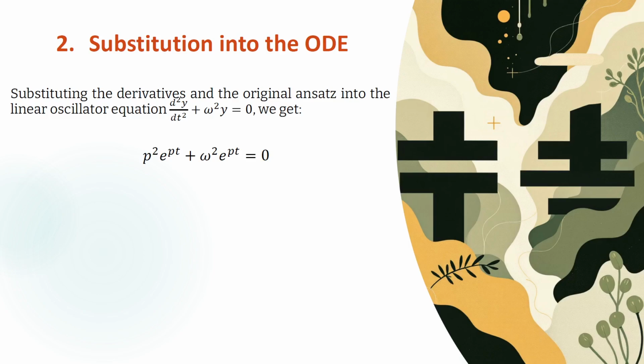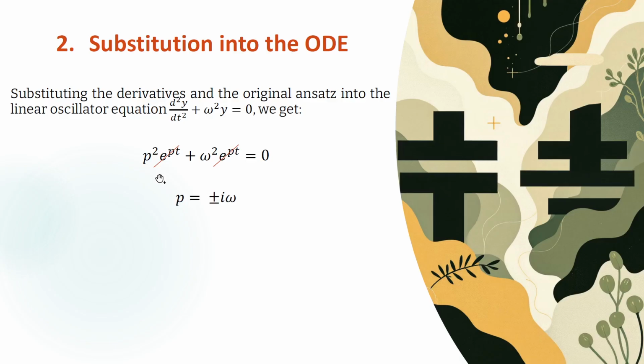And then we substitute the exponential ansatz and the second derivative to our general equation, which is d squared y with respect to t plus omega squared y is equal to 0, and upon substitution we get this equation.